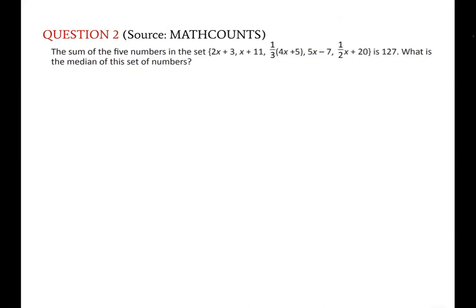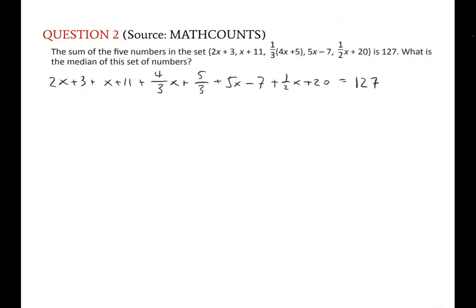So if we add up all of these numbers, 2x plus 3, plus x plus 11, plus 4 over 3x plus 5 over 3, plus 5x minus 7, plus 1/2 x plus 20, all of that is equal to 127.